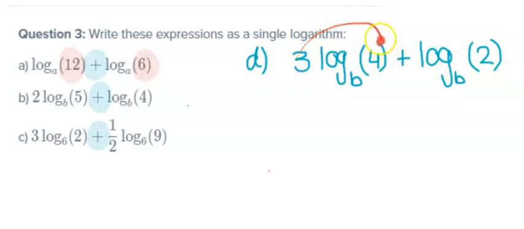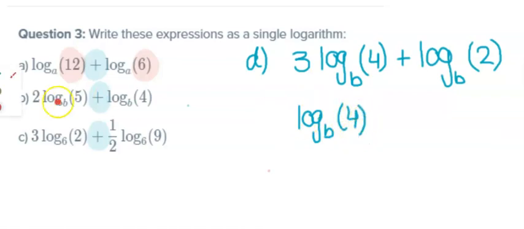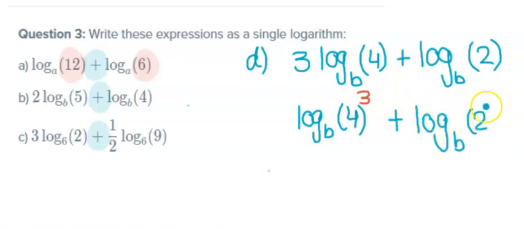So I will move that 3 up. I write down log B of 4, and that 3 goes on top as the cube, and the other thing stays as it is, plus log B of 2.